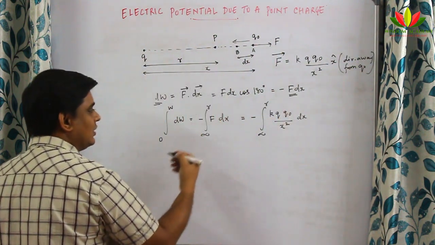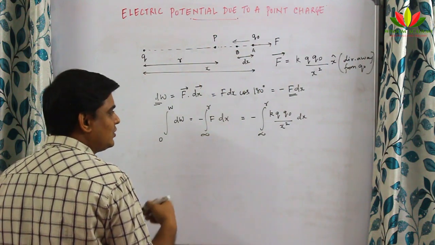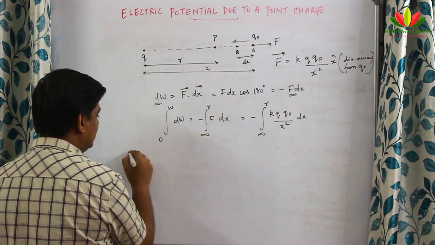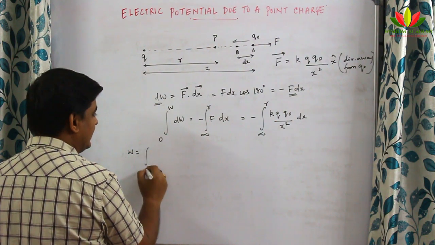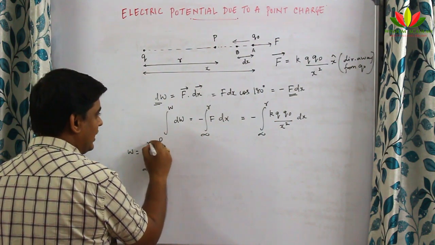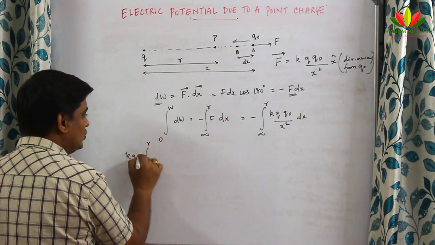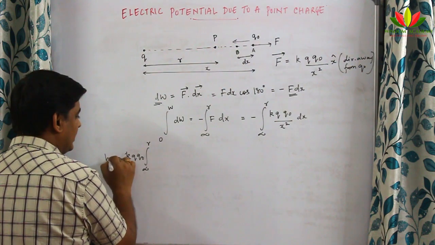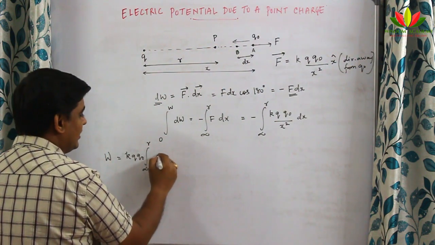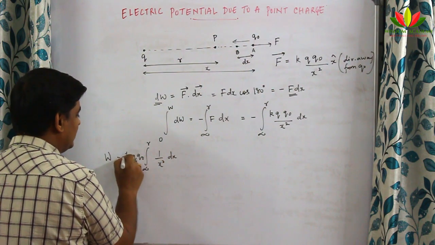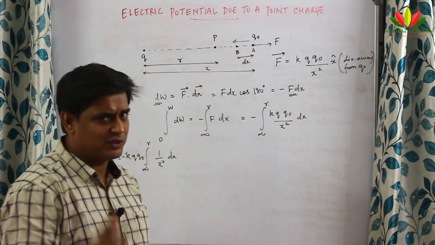Now k and q naught can come outside, so I get W is equal to integration from infinity to r, taking k, q and q naught outside, and what remains inside is minus 1 by x square dx. Minus is also there. So the integration of 1 by x square dx is minus 1 by x.